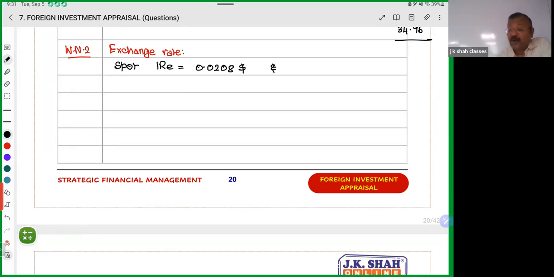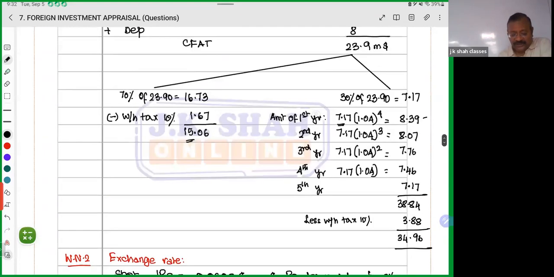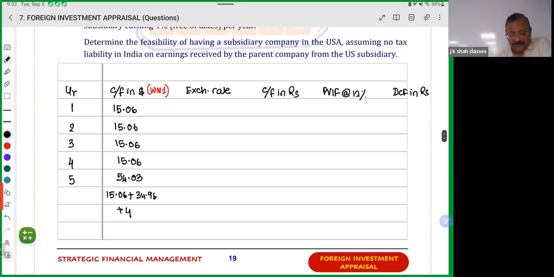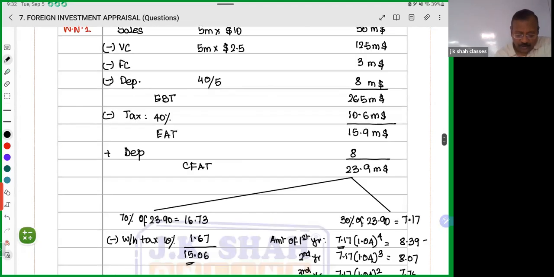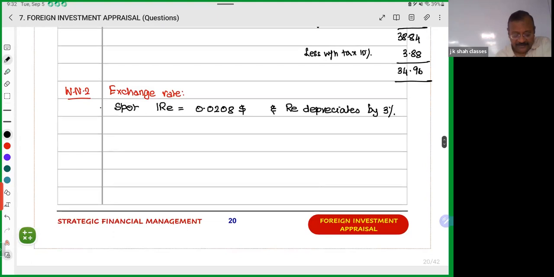And what is appreciating or depreciating? Rupee depreciates. Right. So here the quote is of a rupee and the depreciation is of a rupee. In those textbooks where the quote is of $1 and the depreciation given is of a rupee, please convert the dollar quote into a rupee quote. You will arrive at this and then calculate.